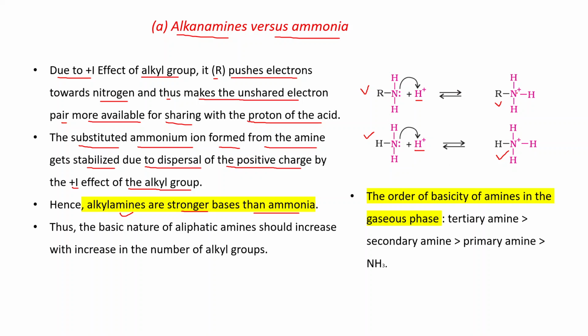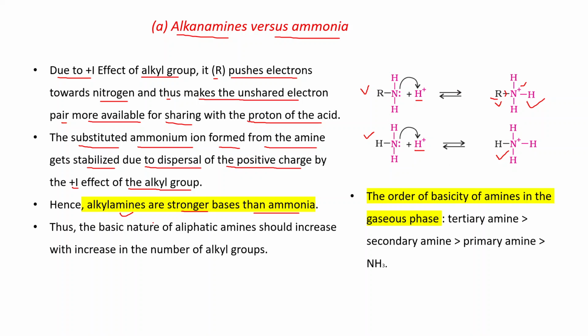Now in this case, the nitrogen bears the positive charge and the alkyl group, having an electron releasing effect, that is the plus I effect, releases electrons to this nitrogen and disperses this positive charge. The more the dispersion, the more the stability of this cation and the more the basic nature of that amine.